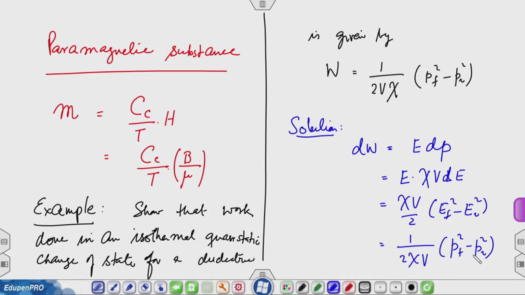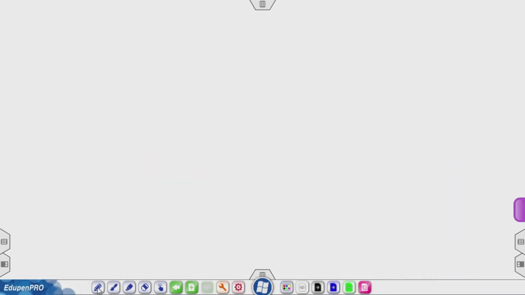So, when we apply thermodynamics to different systems, we do need the equation of state. Now, you can see that we're dealing with systems with many variables.